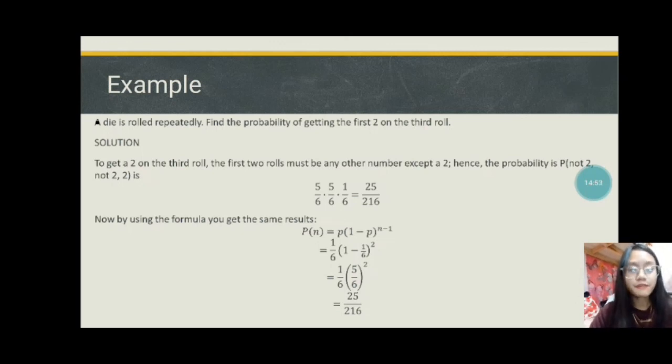Hence, the probability of getting the first 2 on the third roll is 25 over 216.